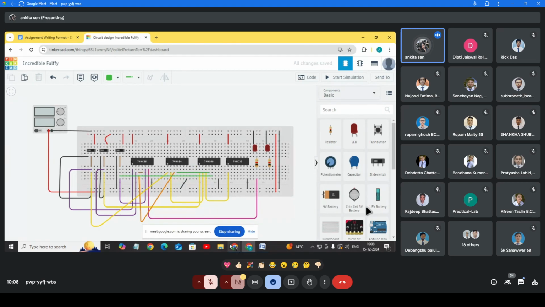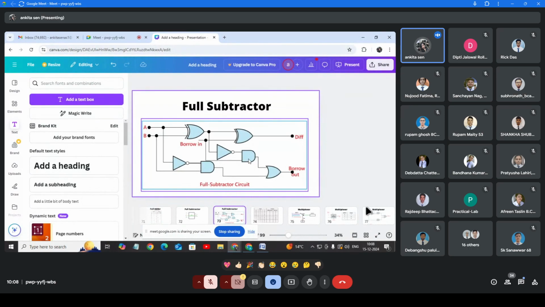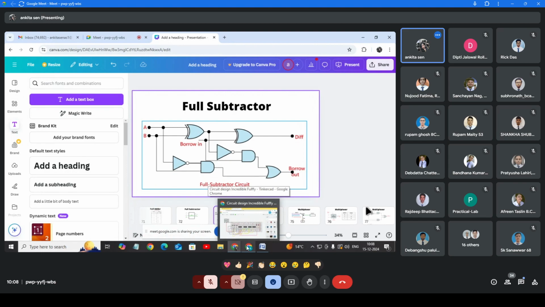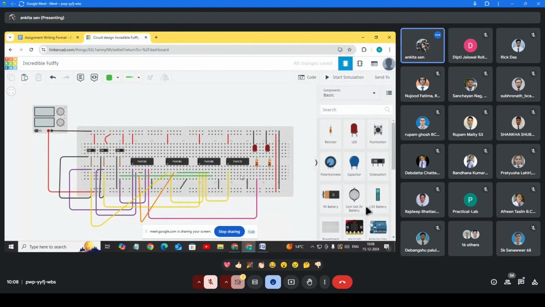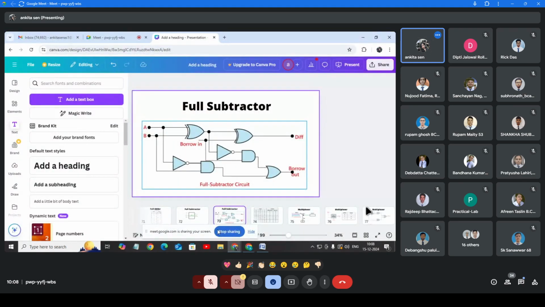Okay, these two. Next, this one should be fed to here. This one needs to be fed to here. And this is the borrow out.